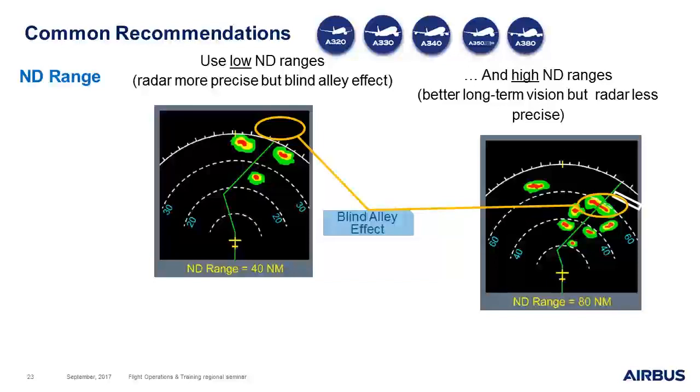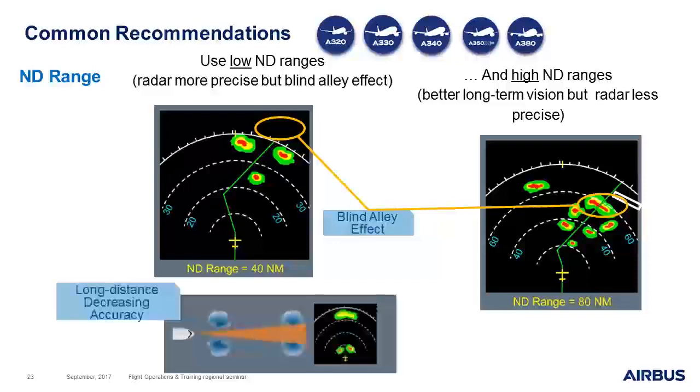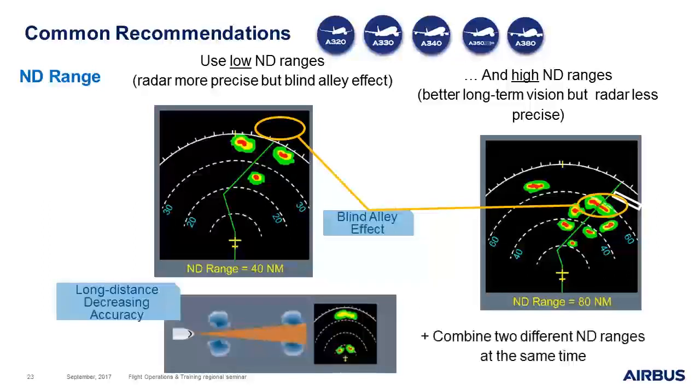High ND ranges, despite lower precision, are very interesting to avoid the blind alley effect. That is why we recommend to combine two different ND ranges on the two sides of the aircraft at the same time, in order to take the advantages of both low and high ND ranges.